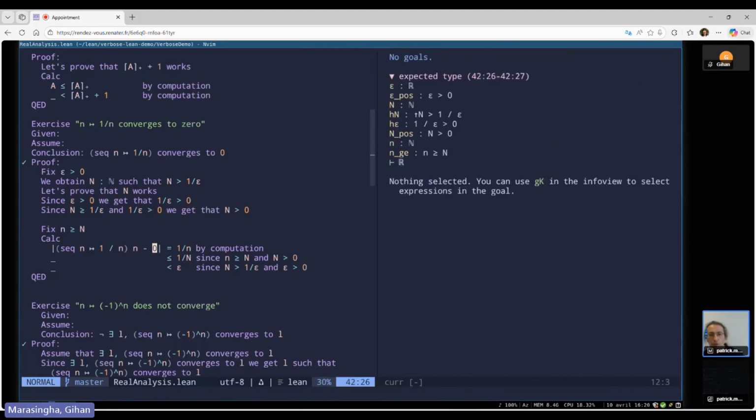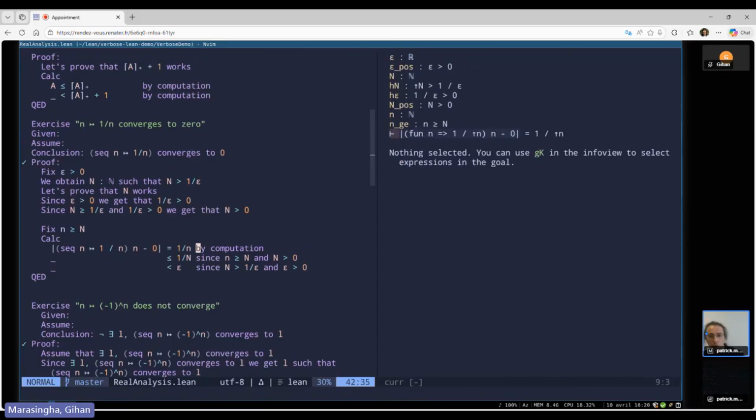So by computation means there is no assumption used here, and in the other 2 lines, there are assumptions that are used, and so they are mentioned. And there are no coercions of natural numbers into real numbers or casts or anything that is mentioned.